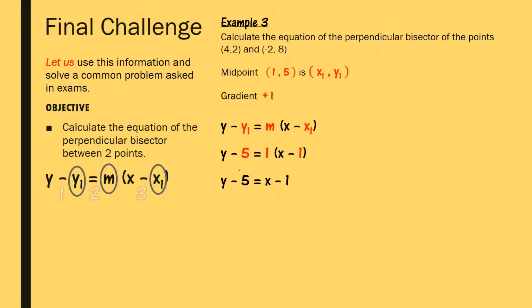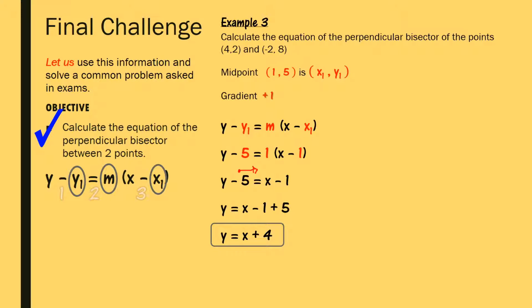And the only thing I've left to do is move the minus 5 to the other side. When you move a term to the other side, it becomes the opposite sign. So minus 5 becomes a plus 5. And then we have y is equal to x plus 4. And that is the equation of the perpendicular bisector, or the line that cuts that line segment between 4, 2 and minus 2, 8, right in half. So it's y equals x plus 4.